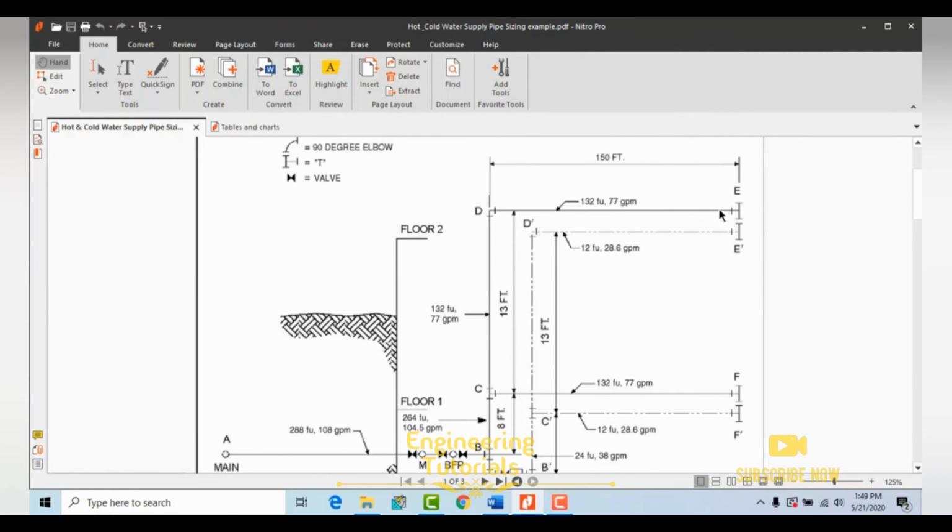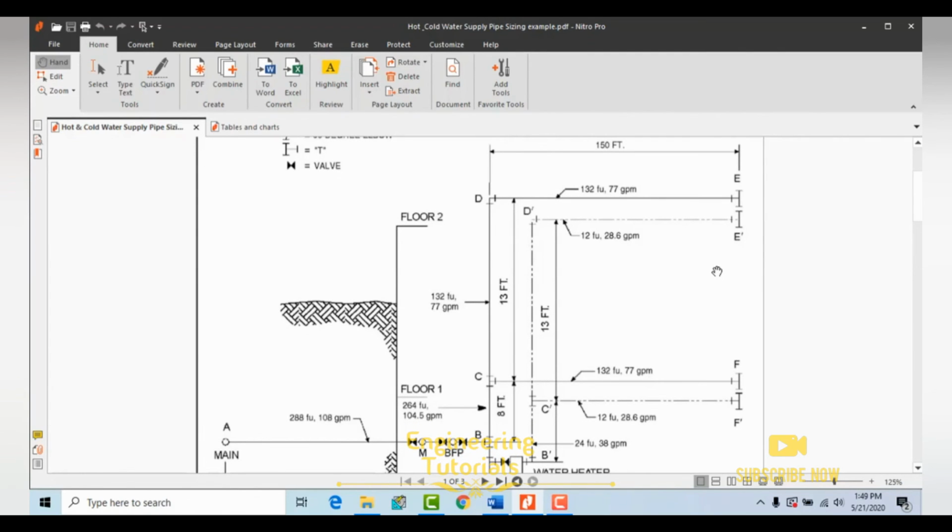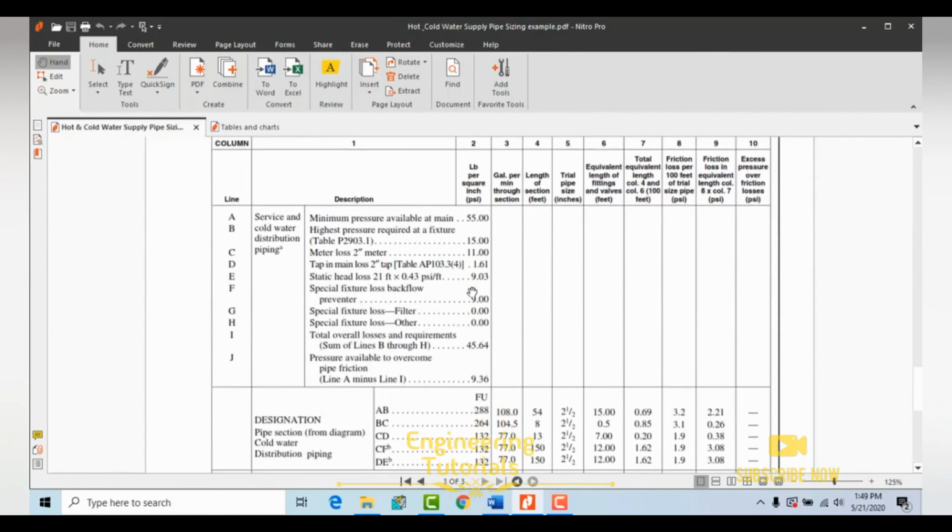And if your highest group of fixtures contains flush tanks, then the pressure should not be less than 8 psi. Since we have flush valves here, we took 15 psi as per IPC.